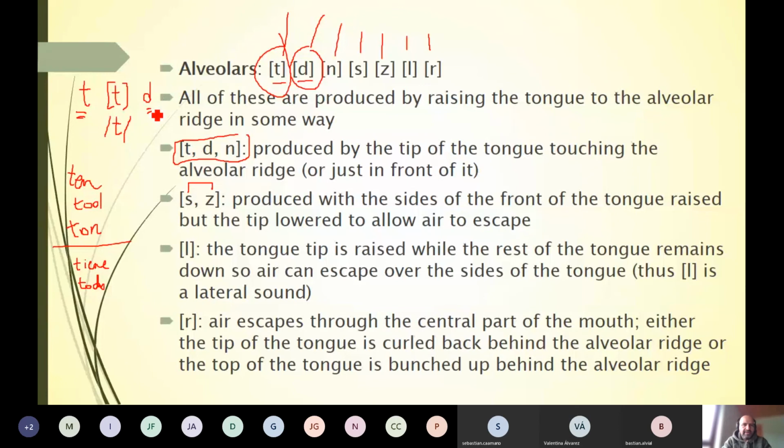When I think about the letter D, right, and I say, for example, den, dust, and dim, and I think about the same letter in Spanish, and I say, for example, dado, or diente.